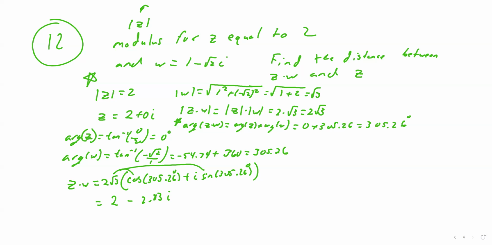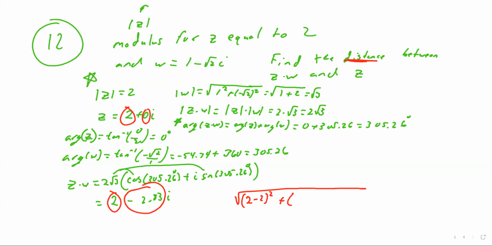All right, so again, the final thing is to find the distance between these two. All you got to do is take the differences of your A's. So you get 2 minus 2 squared plus the difference of your I's, so 0 minus negative 2.83 squared.